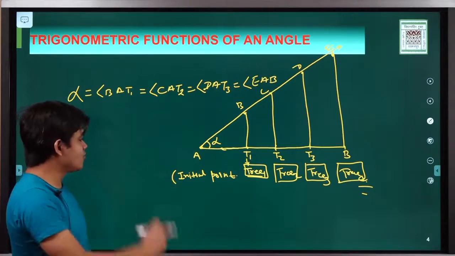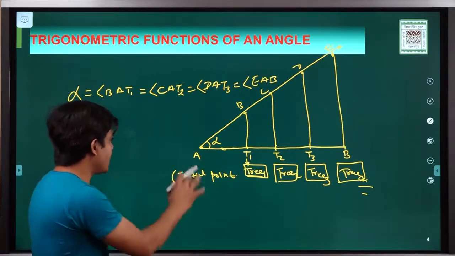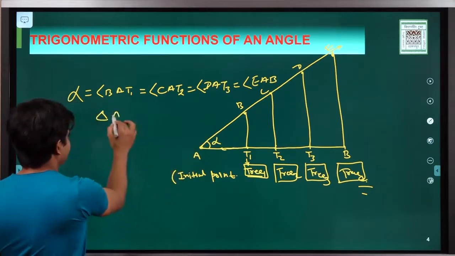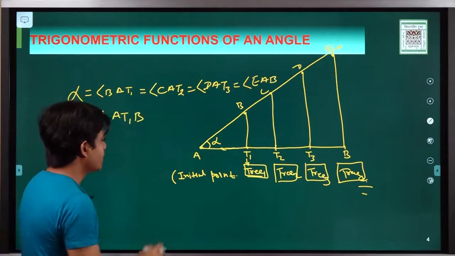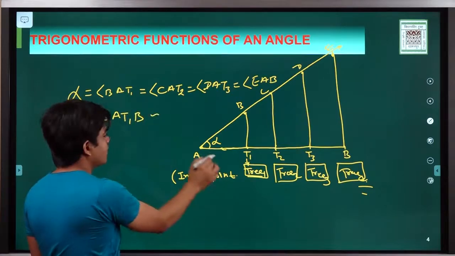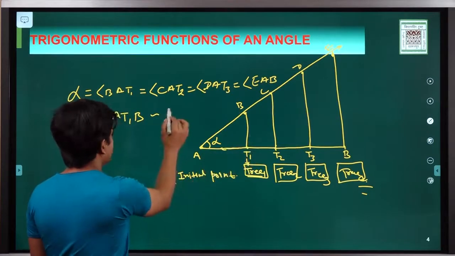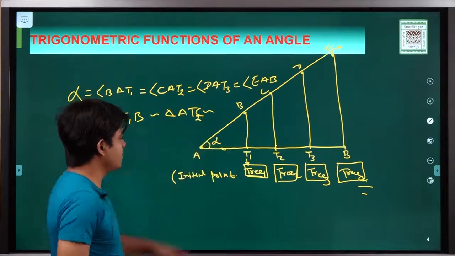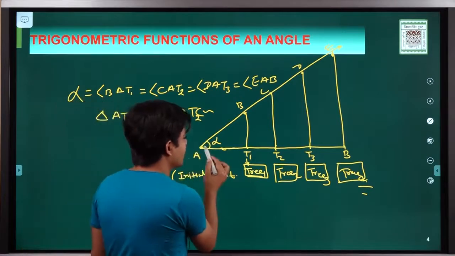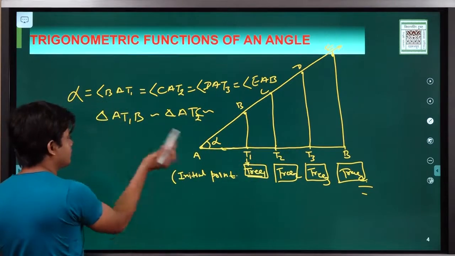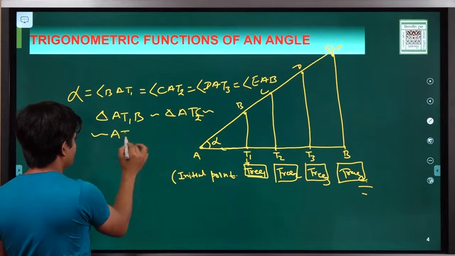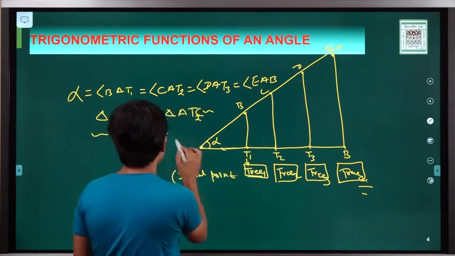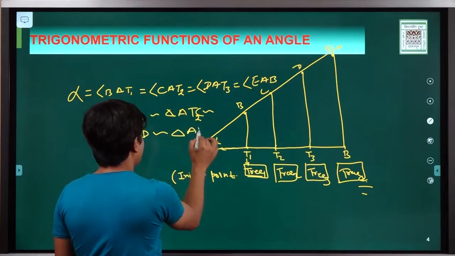We can see one thing here: we have triangle AT1B, which is similar to triangle AT2C, and again similar to triangle AT3D, and similar to triangle ABE.